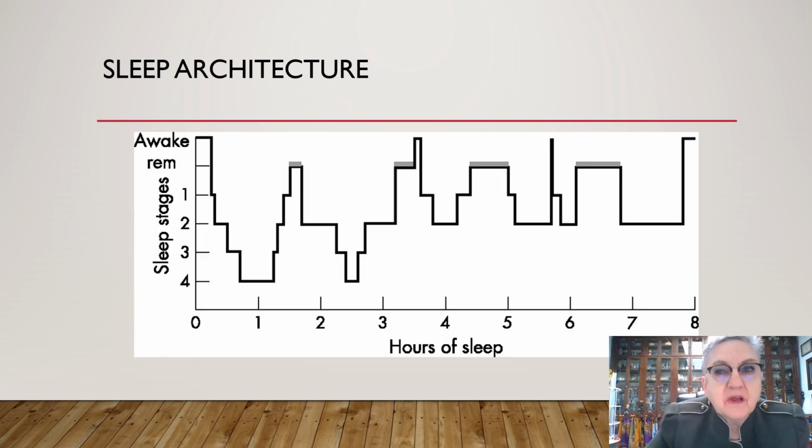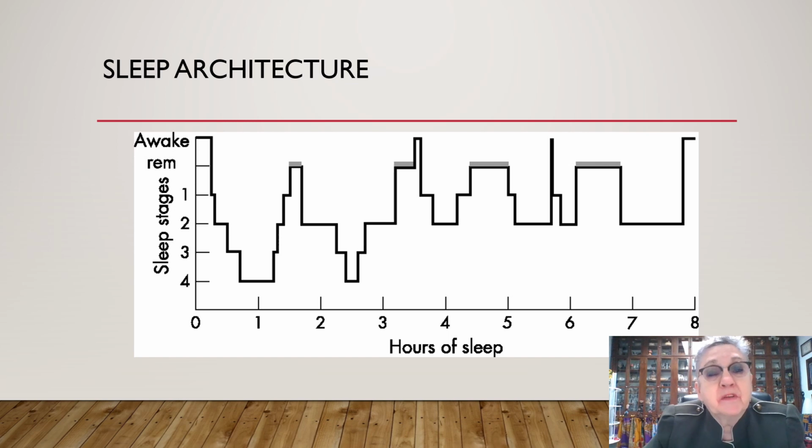I've included in this slide a graph, a diagram, or whatever you want to call it, a histogram of sleep architecture in a normal night of sleep. You can see that we go through the various stages of sleep throughout the night. As we progress, our REM gets a little longer each time that we go into REM.